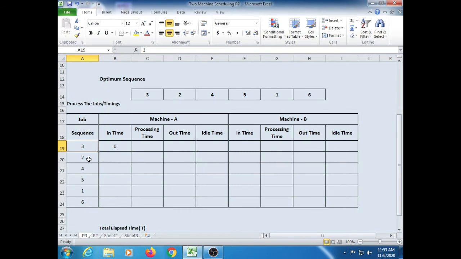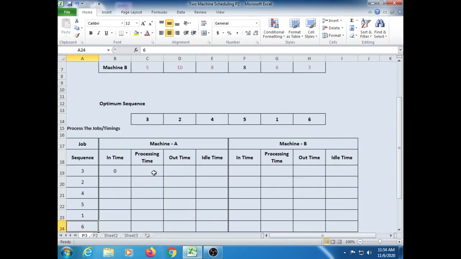This is the first job, this is the second job, this is the third job, this is the fourth job. I may also use third, second job, fourth job, fifth job, first job, and sixth job. Okay, don't confuse.